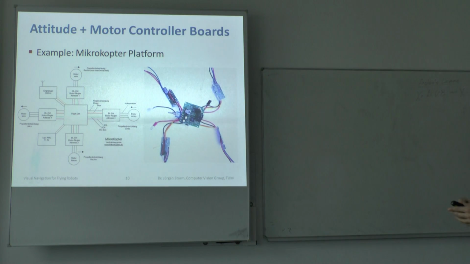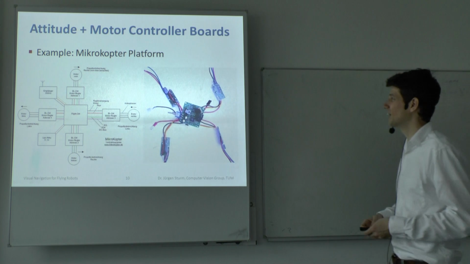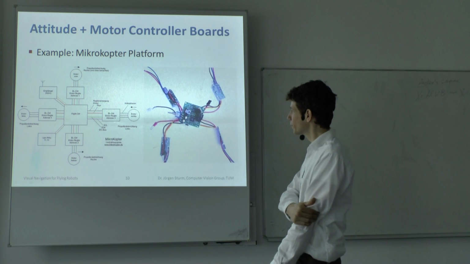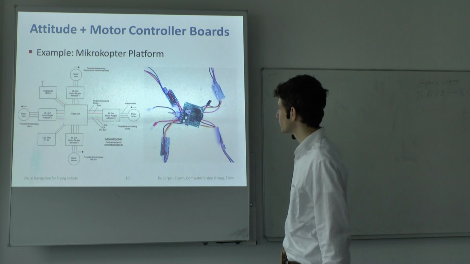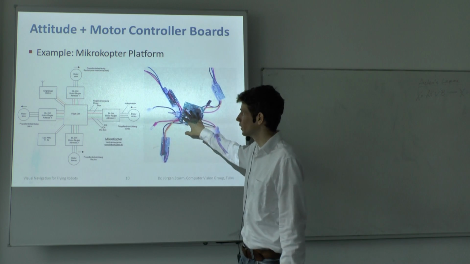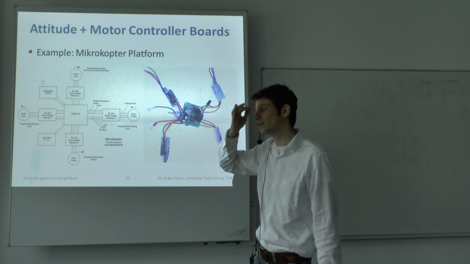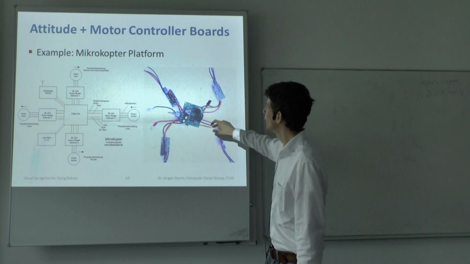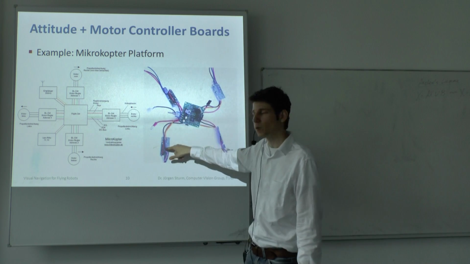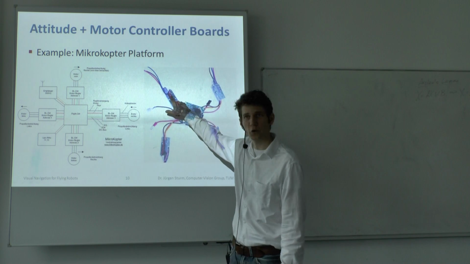So this is part of the electronics of a microcopter. In the middle, you see the so-called flight control board that does the attitude estimation and the calculation of the motor speeds. And then it will transmit the individual motor speeds to each of the 4 motor controllers.